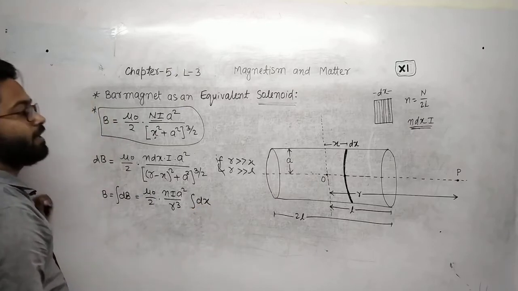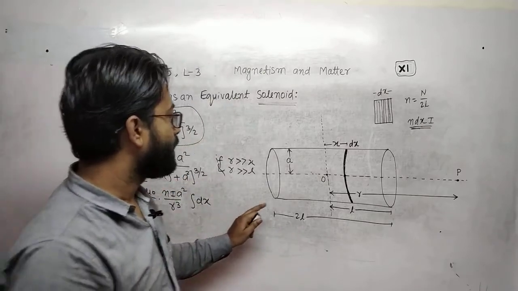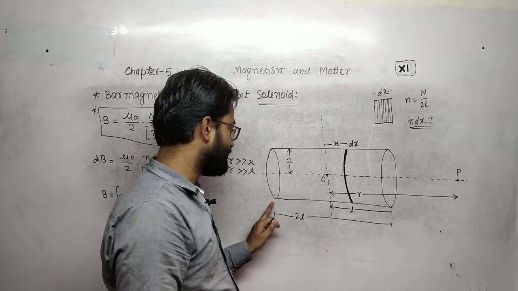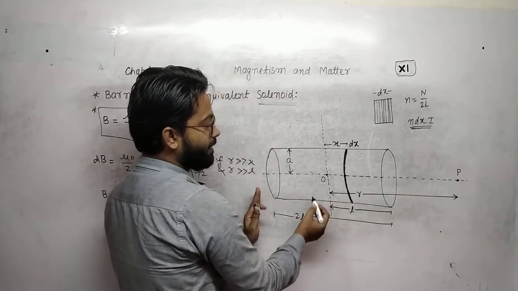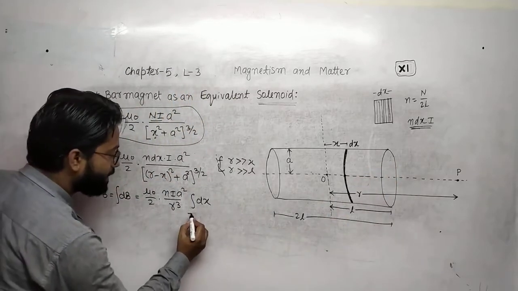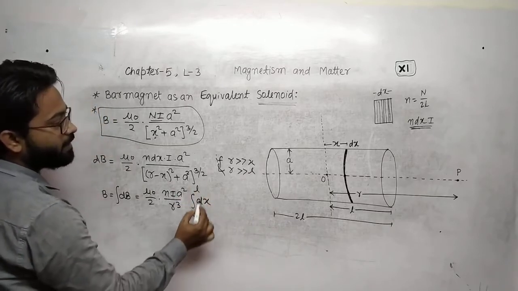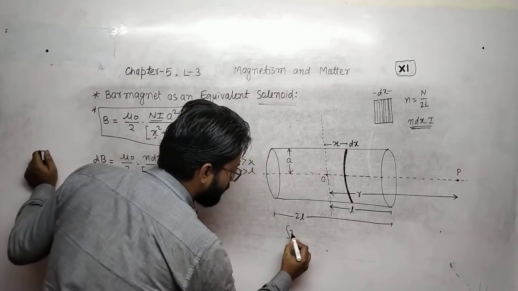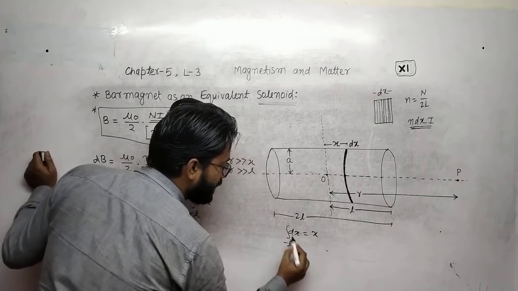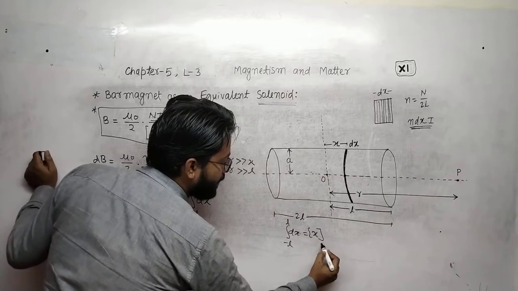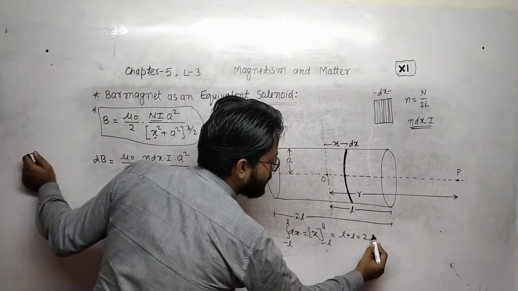Integration of dx. What will be the limits of this integration? dx varies from minus L to plus L, and the integration of dx is only x, from minus L to L. Put the limits: L minus minus L means plus L, which is 2L.